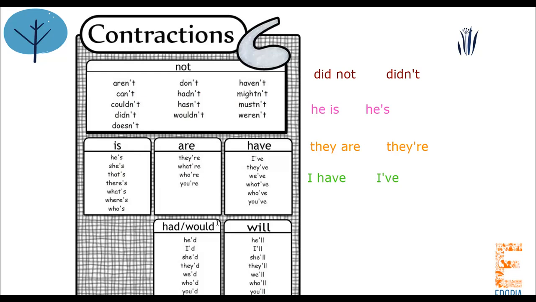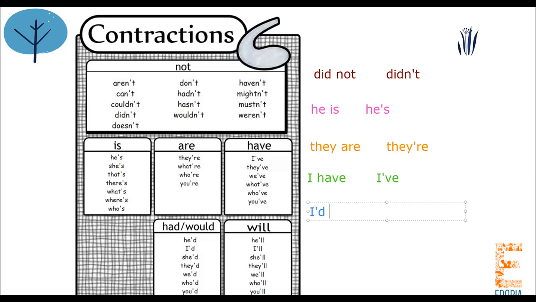Next we have had and would. This is a little different than the rest, because had and would both are written in the same short form. But when you read a sentence, you automatically realize whether it's had or would. In order to shorten it, you put I, you put an apostrophe, and you put a D. This is a short form for both I had and I would.